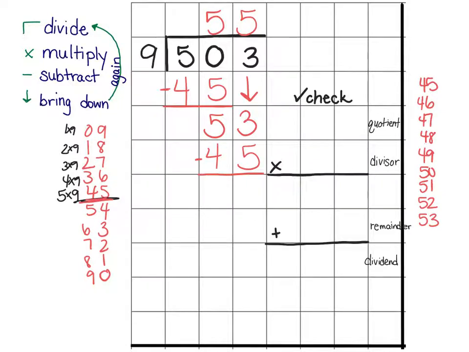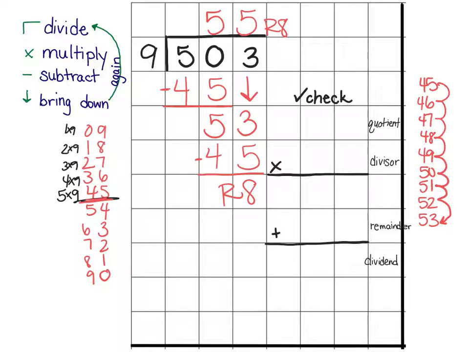So how many spots is that? 1, 2, 3, 4, 5, 6, 7, 8. If it had been over 9, we would know that we could have another group here. So that is 8. Now we must bring down. Oh, nothing to bring down. So we have a remainder of 8.